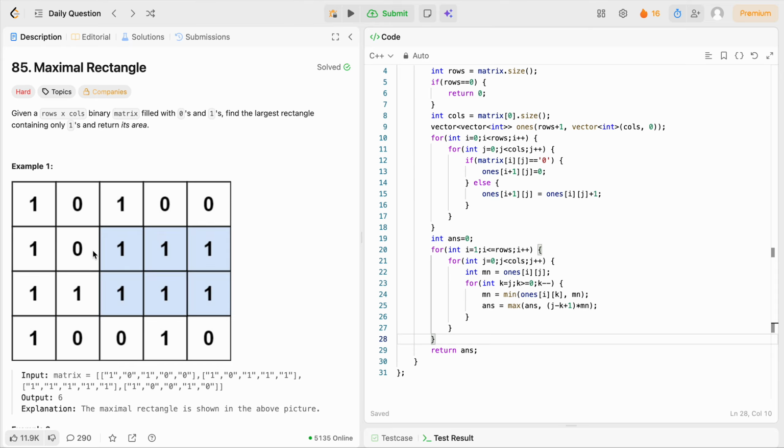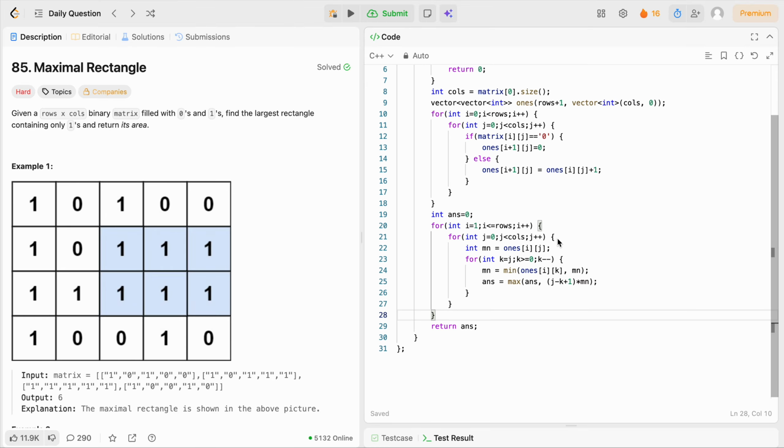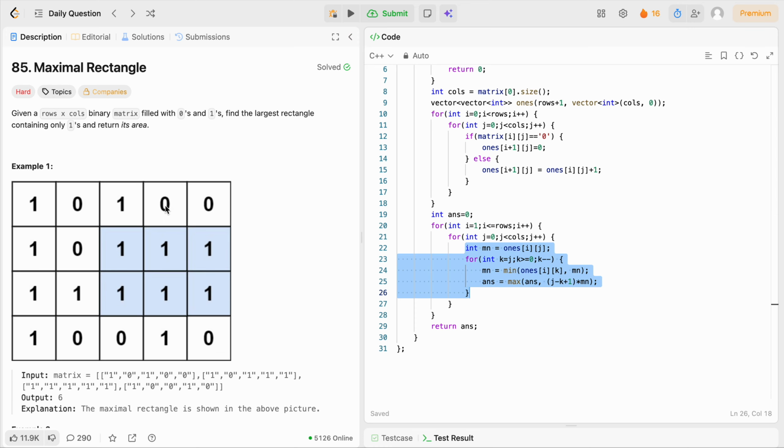So we iterate over every index, go in this direction, and see the minimum height of the ones in this direction, and we take the minimum because that will give us the rectangle, right? For example, if we consider this index, then this is the initial rectangle that we get.